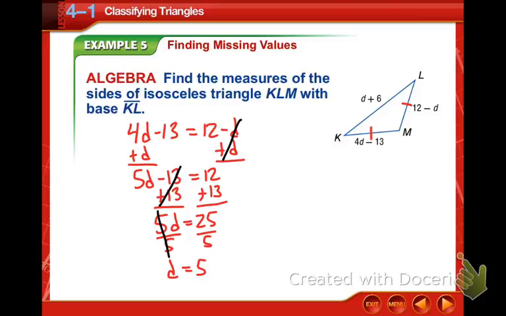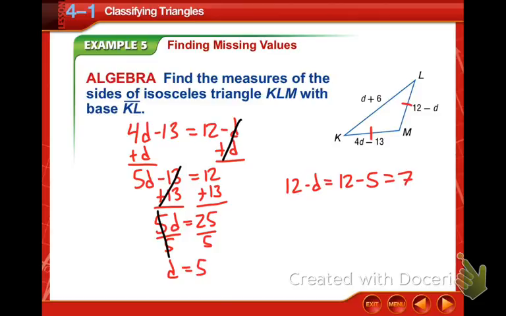So now we can plug it back into either of these two equations and get what the legs are since they are congruent. It also wants us to find all of them. It doesn't say which specific sides. So that's easy. 12 minus D for our first one. 12 minus 5 is 7.